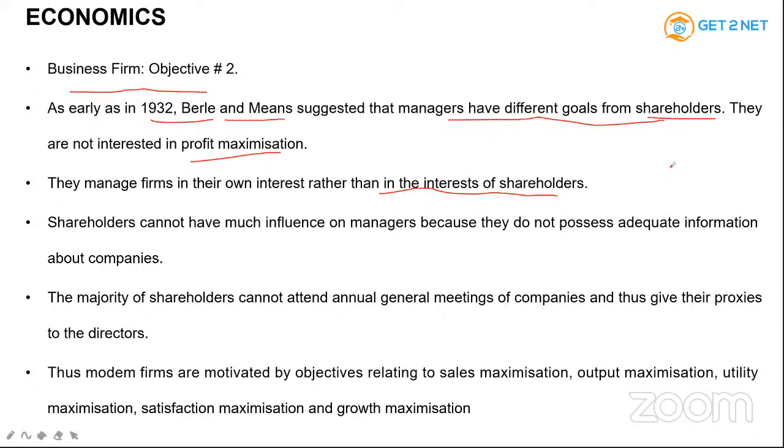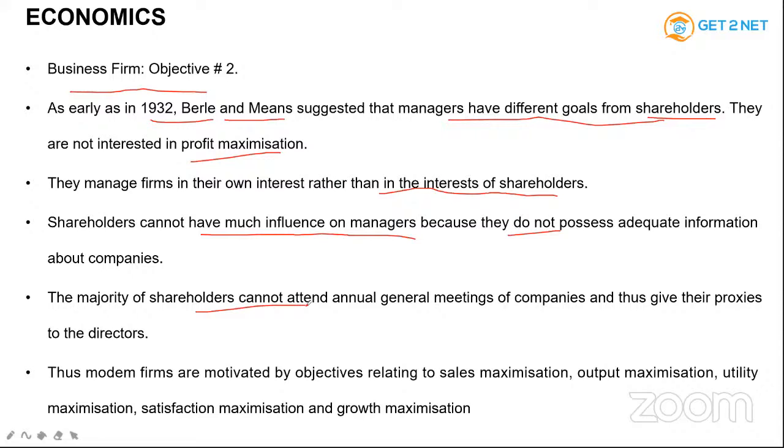Why? Because shareholders cannot have much influence on managers. Why not? Because they do not possess adequate information about companies. That is the reason the majority of shareholders cannot attend meetings.